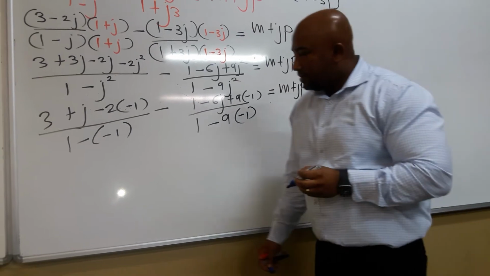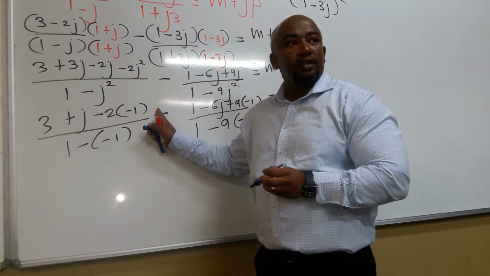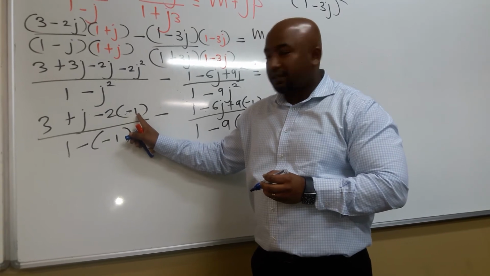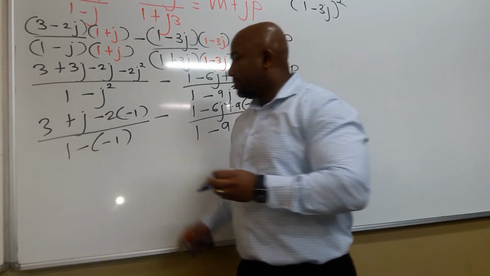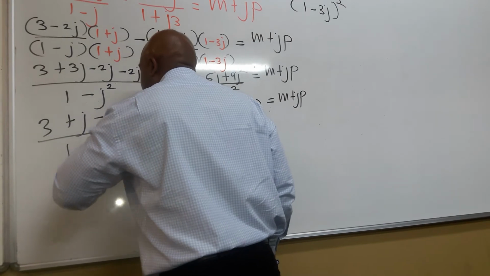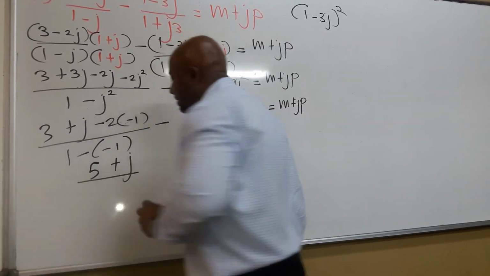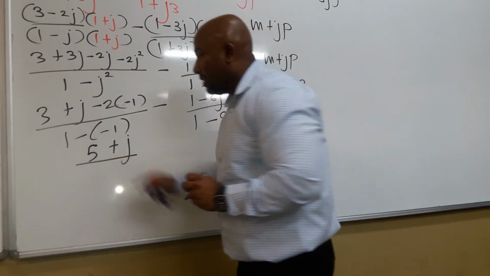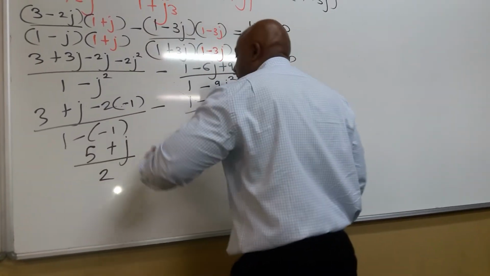Okay, so here we can add these two real numbers. You got a minus times a minus, which is a plus there. So it will be 3 plus 2, which is 5 plus j on the top. And in the bottom you got 1, minus and minus will give you a plus, 1 plus 1, which is 2 there.